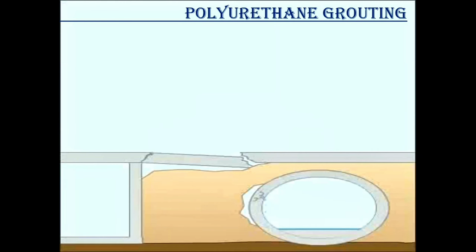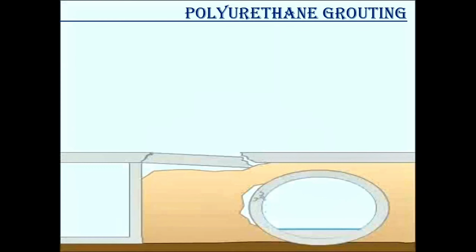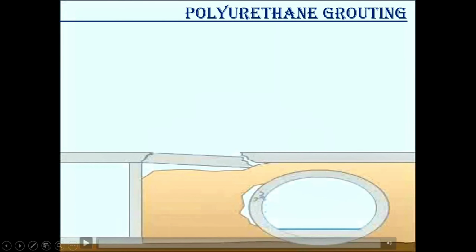I need that type of grouting when I find any crack, and to repair that type of crack I choose polyurethane grouting. Consider that it is your manhole and there are some cracks, and this is your main road and here is a crack. I need to repair the manhole and road work, so for that type of work I choose polyurethane grouting.